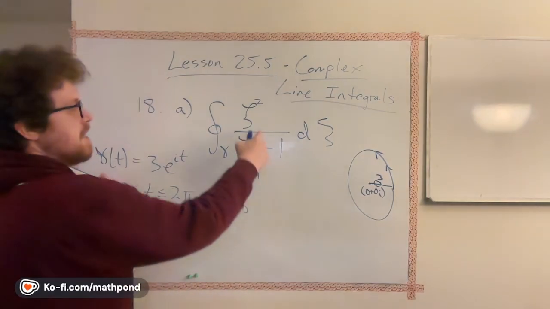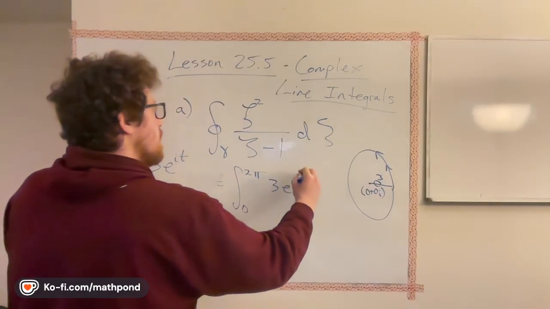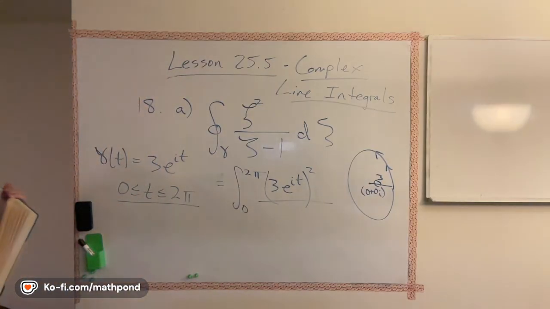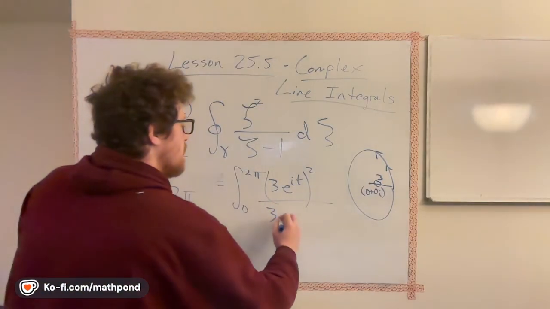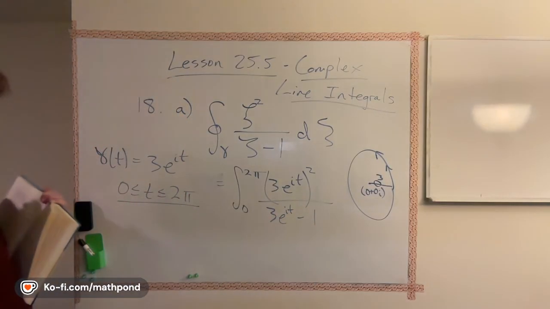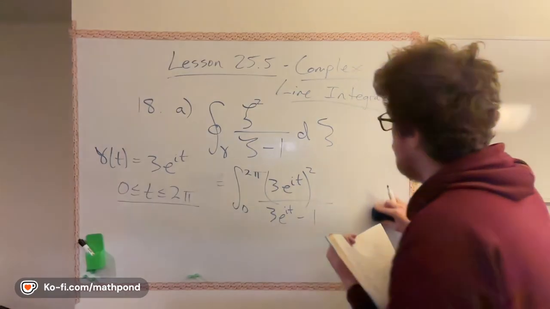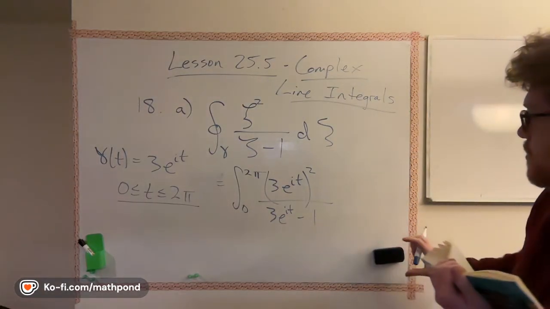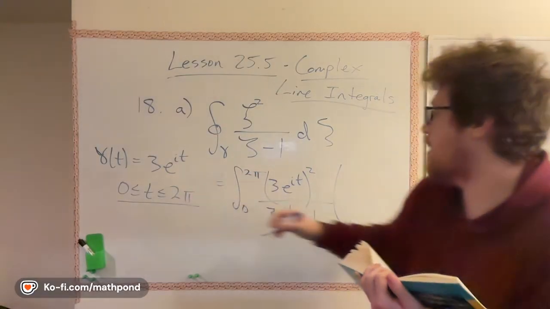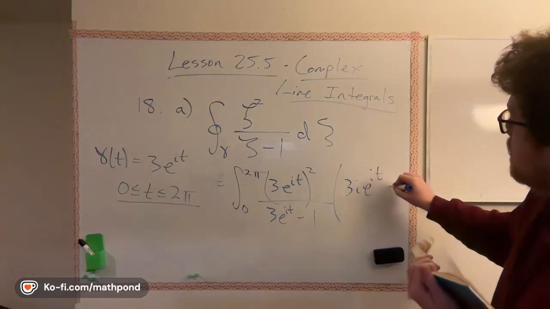And then for zeta, we're going to plug in 3 e to the it, squared, and then divide by 3 e to the it minus 1. And then when we multiply, we get an extra term here. So we get the derivative of this dt, so 3i e to the it dt.